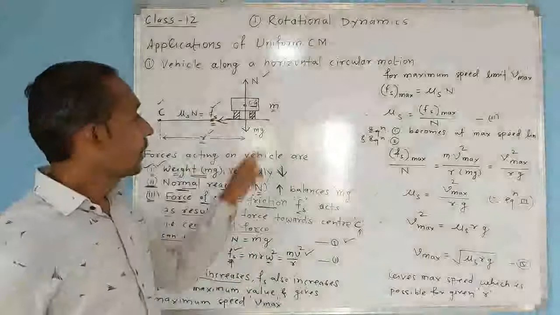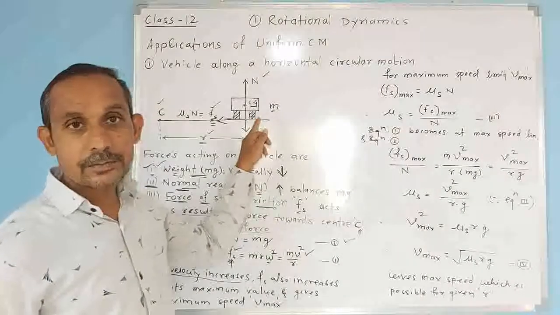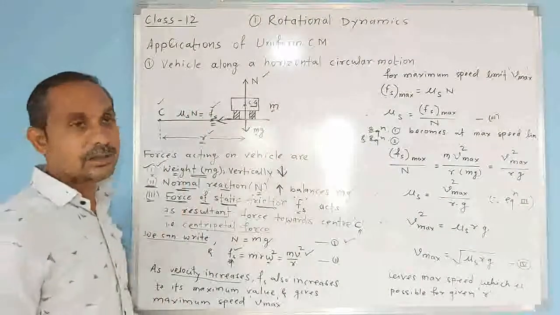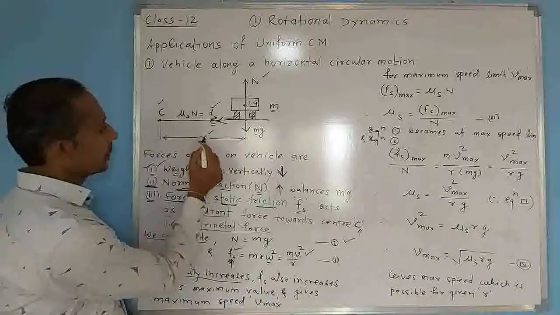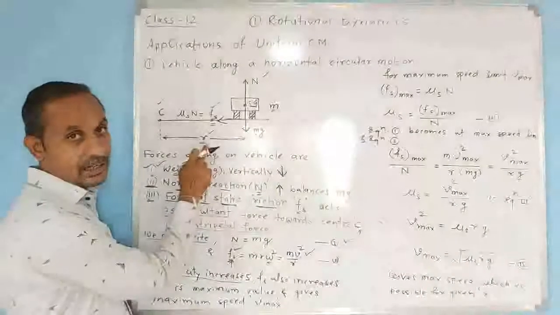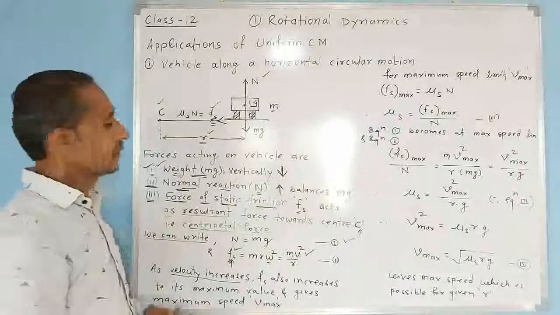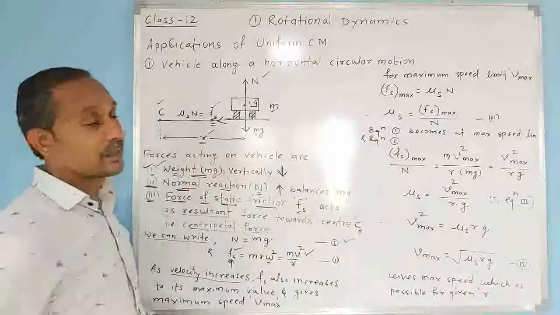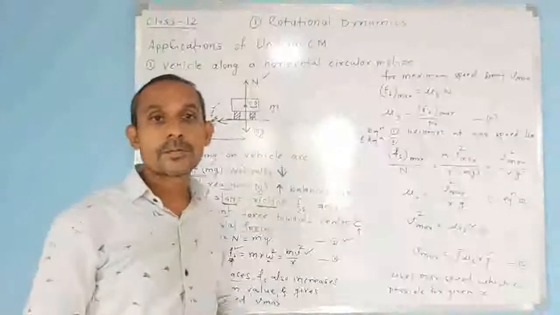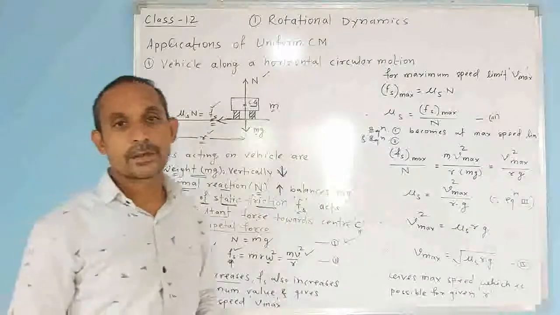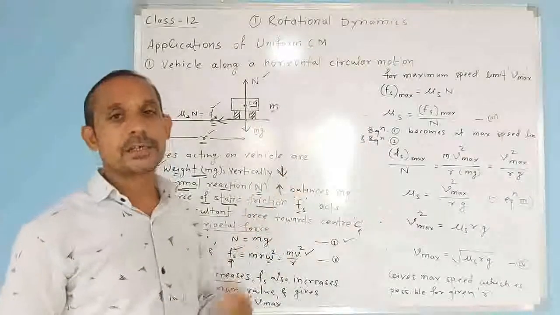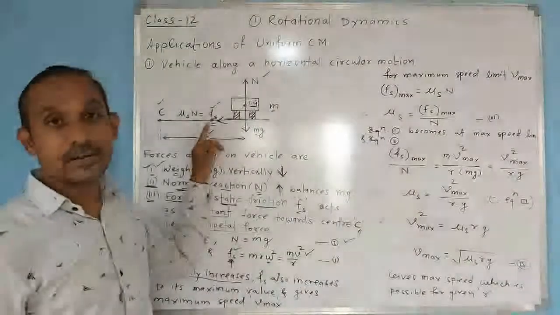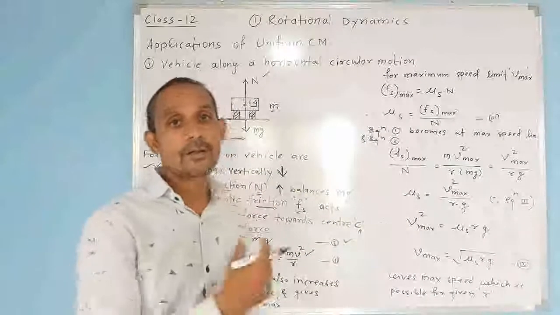For this curved road, the vehicle is moving along this horizontal circular track, for which R is the radius. Then this vehicle can move with a certain maximum speed. That maximum speed will be reached when the force of static friction reaches its maximum value.